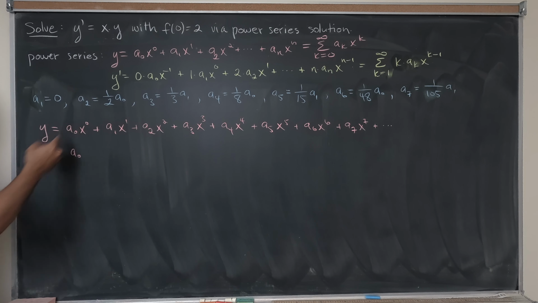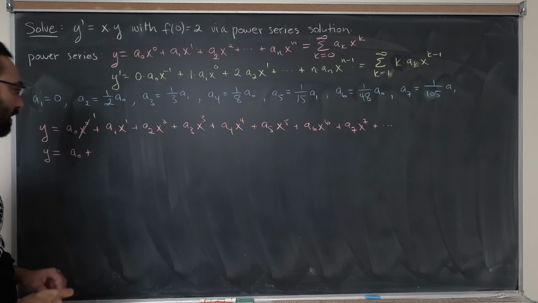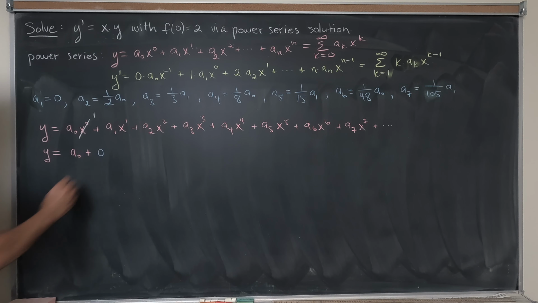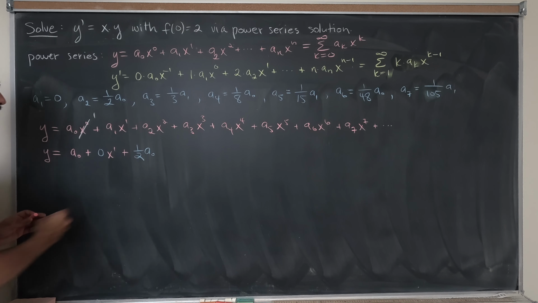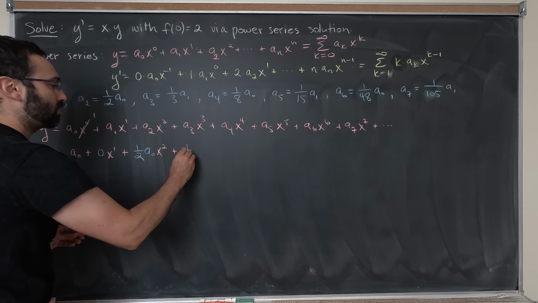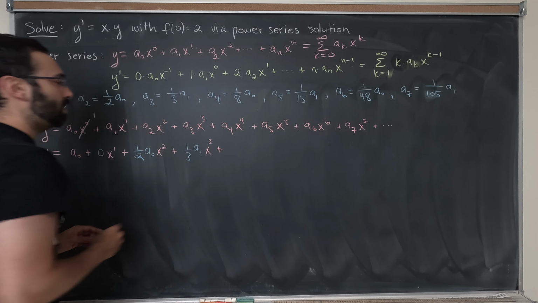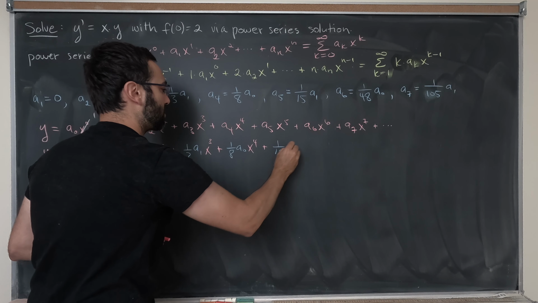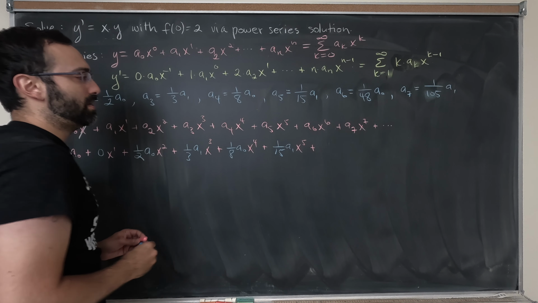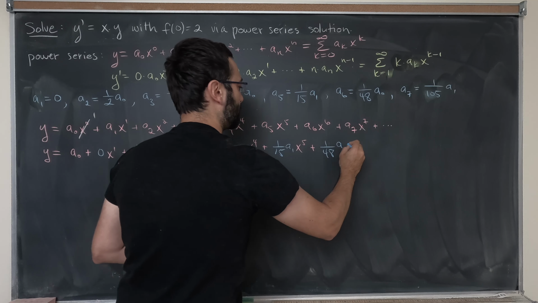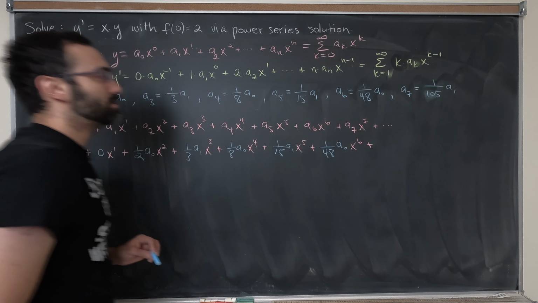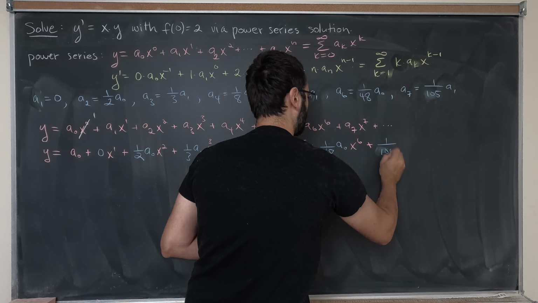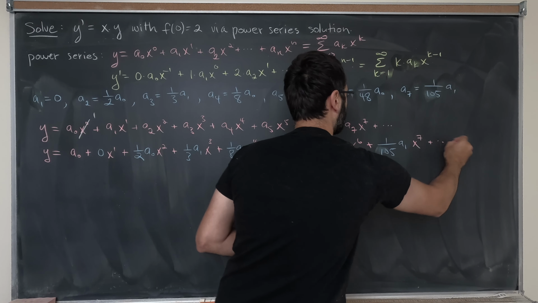Well, we have a0 and x to the 0 is just 1, plus, now we have a1, which is 0, times x to the 1, plus a2, which is half a0 x squared, plus a3, which is a third of a1 x cubed, plus a4 is an eighth of a0 x to the 4, plus a5, which is a 15th of a1 x to the 5, plus a6, which is a 48th of a0 x to the 6, plus a7 x to the 7, and so on.